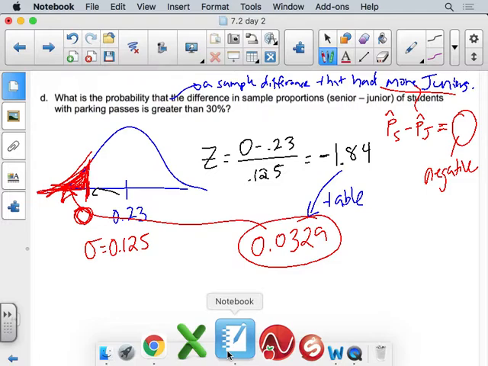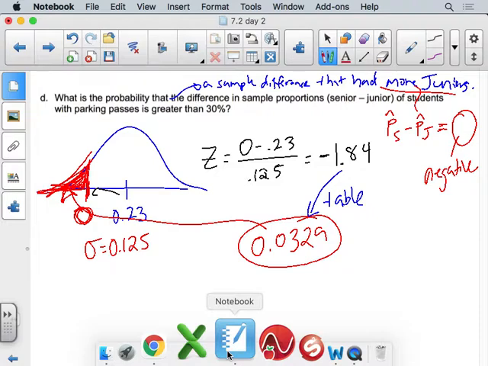So there is a 3% chance that juniors have more parking passes than seniors. It's not a very good chance with this big of a gap between seniors and juniors. There's not a very good chance that juniors on a given sample have more.